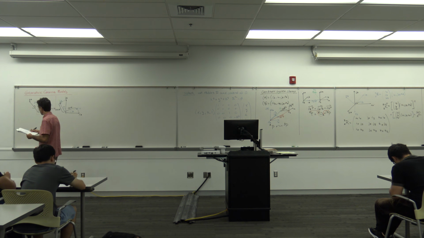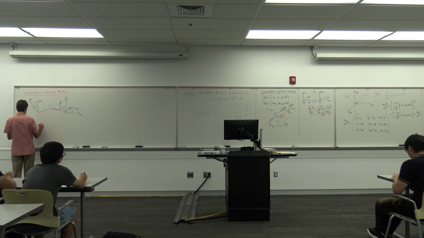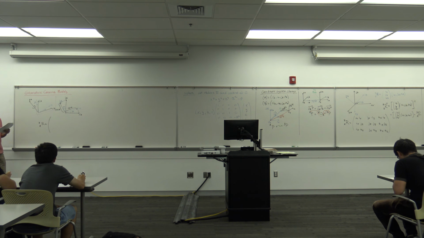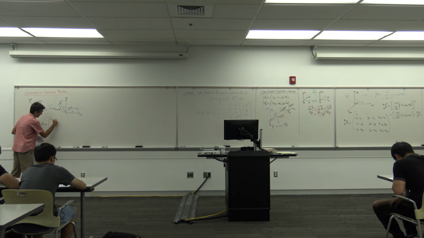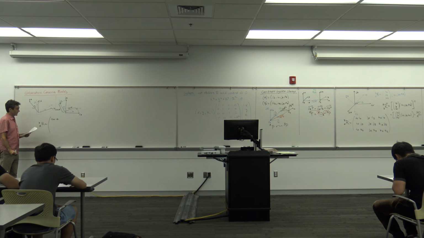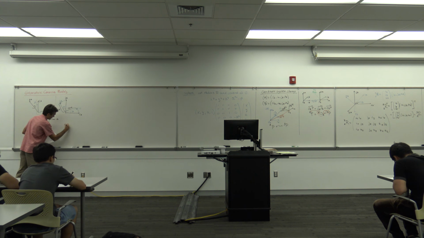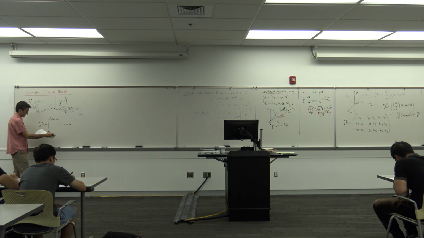So that means I can write in my matrix cosine of theta, something else, then something else, cosine of theta, and we'll see the other ones.